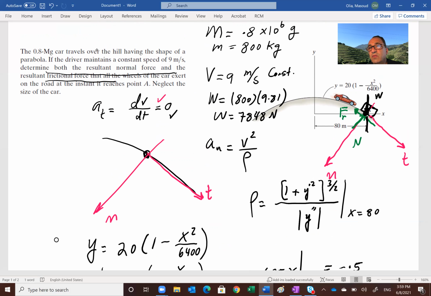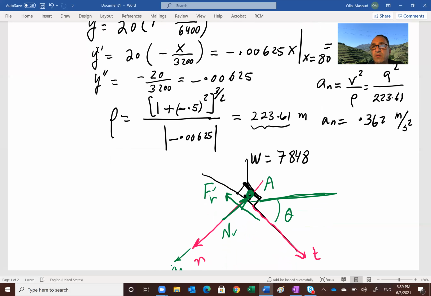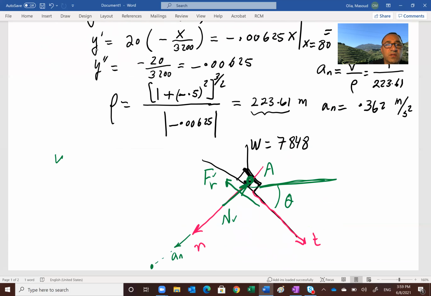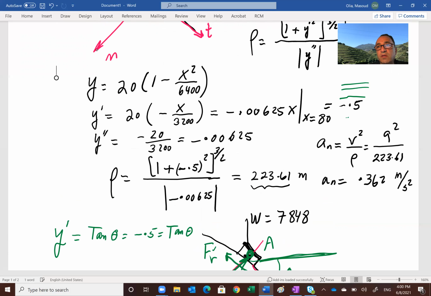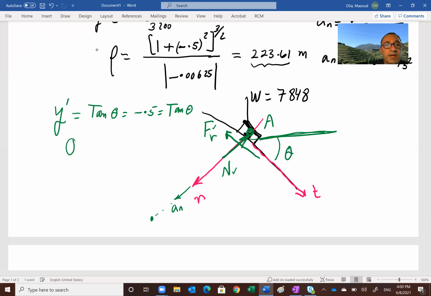Remember, the first derivative, which we have already calculated and evaluated at x equal 80, is the tangent of the angle. By the way, what is a derivative anyway? The derivative is the slope of the tangent line. So y prime is tangent theta. If y prime is negative 0.5 and that's tangent theta, then taking the inverse gives you an angle of about 26.57. The negative just means it's a negative slope.